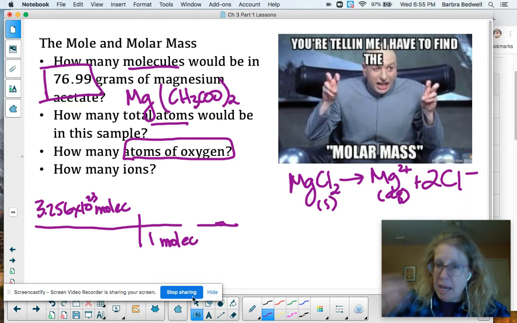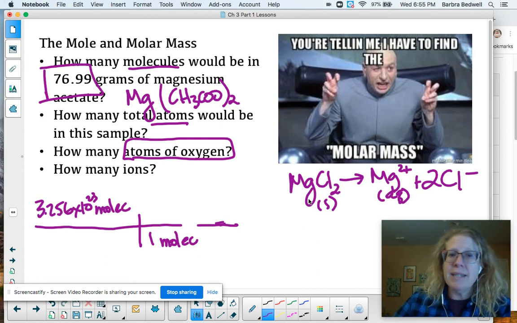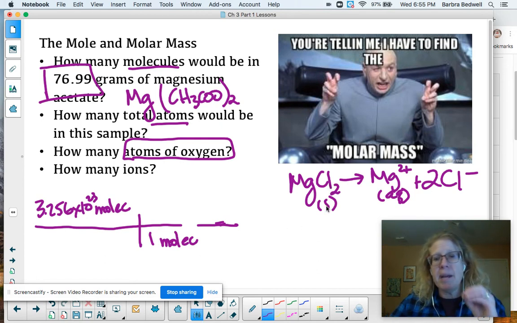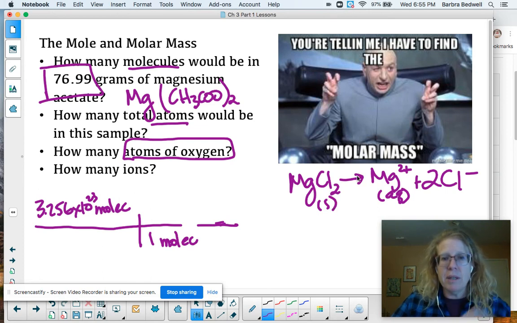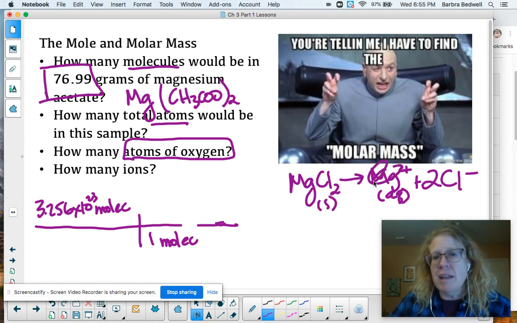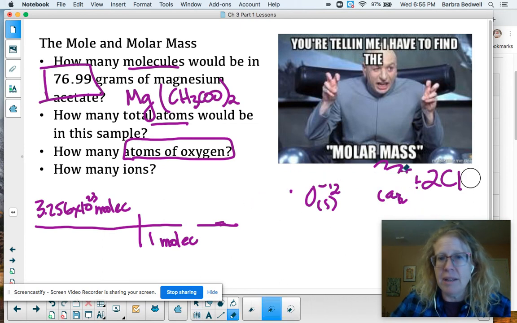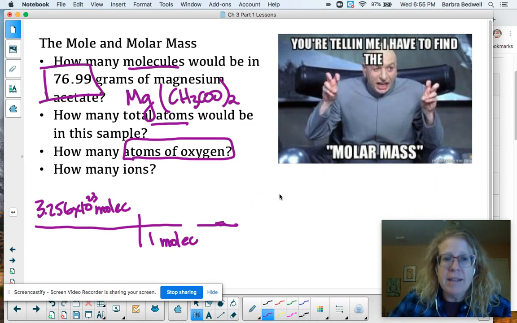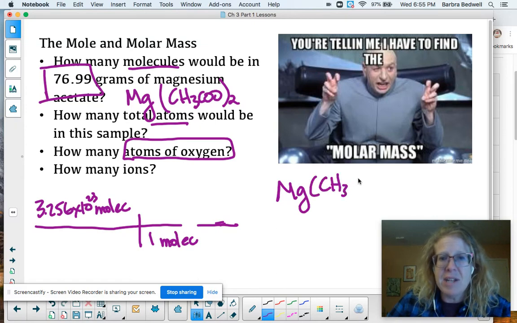Okay, last step, building up to our magnesium acetate. Remember, polyatomic ions act like a team. They do not come apart. So we can replace the chloride in here with acetate, giving magnesium acetate, Mg(CH3COO)2.